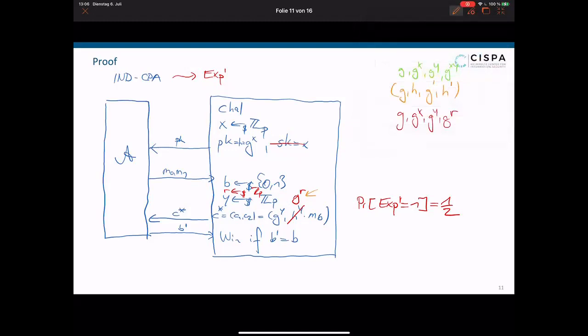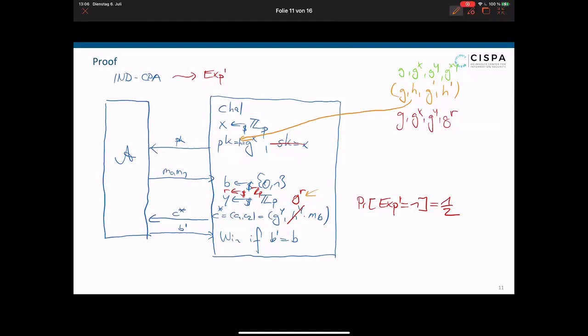Someone just gives me these four group elements. I could do the following. Well, G is used as is, but now instead of choosing this H myself, I'm just taking this H from these four group elements that were given to me.